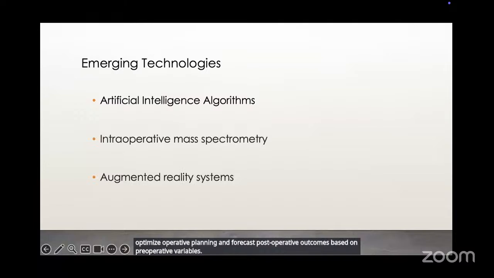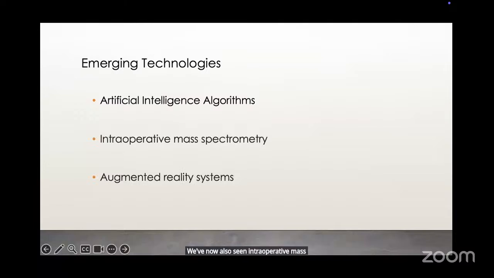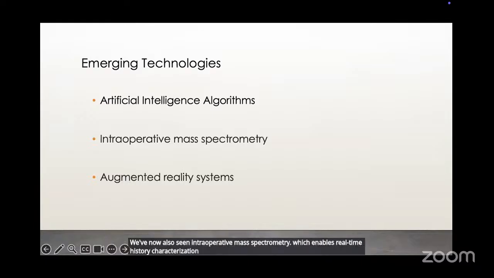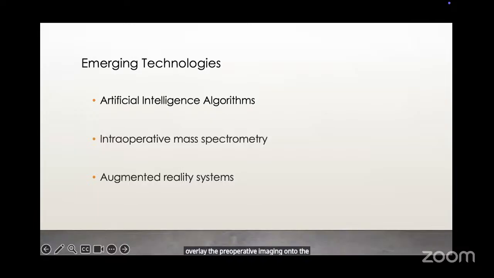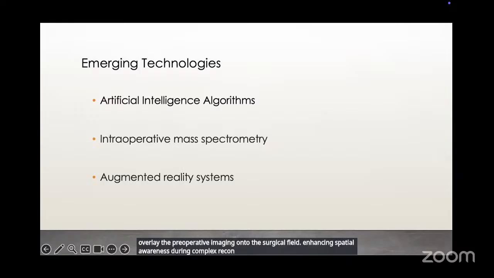We've now also seen intraoperative mass spectrometry, which enables real-time tissue characterization, whilst augmented reality systems overlay the preoperative imaging onto the surgical field, enhancing spatial awareness during complex reconstructions. And these innovations promise to further expand the boundaries of resectability whilst improving precision and patient outcome in lung cancer surgery.